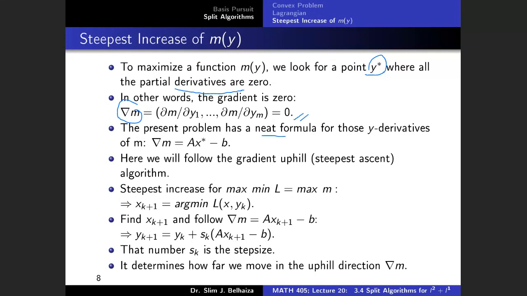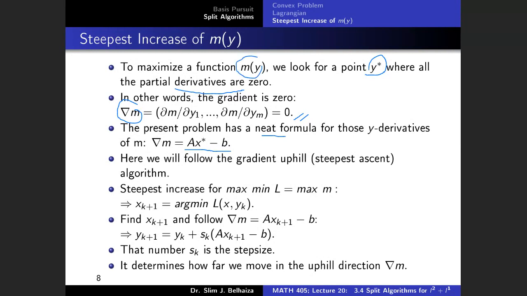It has a neat formula for those y derivatives. If you differentiate again, you get Ax star minus b. Here we look at it from a numerical point of view, and we define not the gradient descent but the gradient ascent, because our objective here is to maximize.